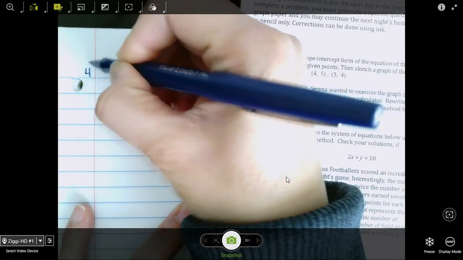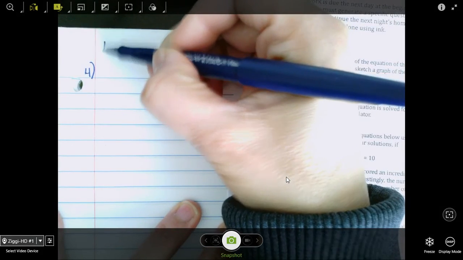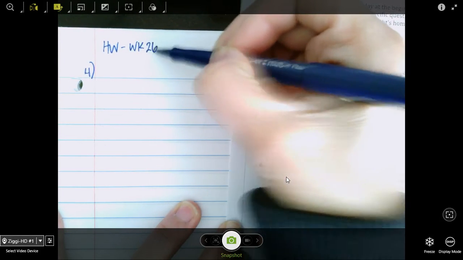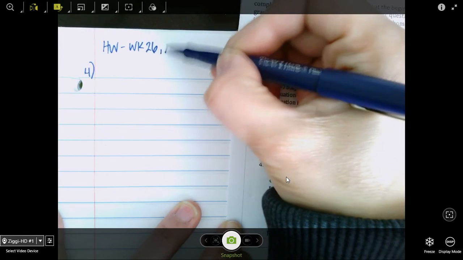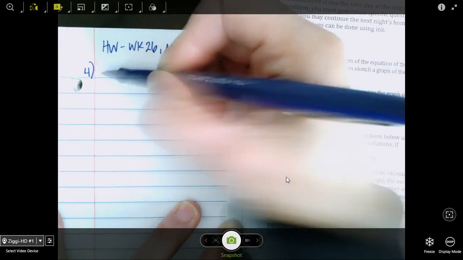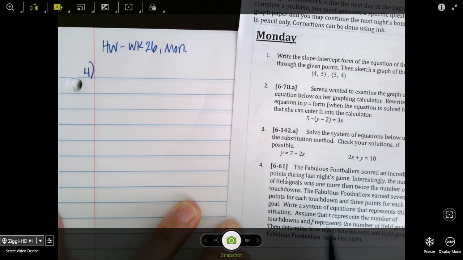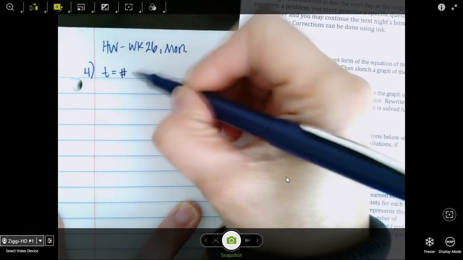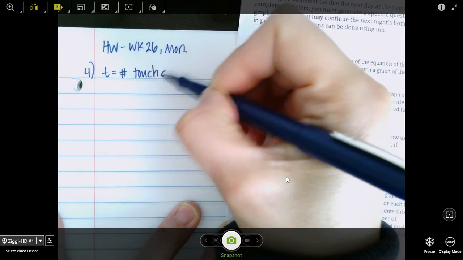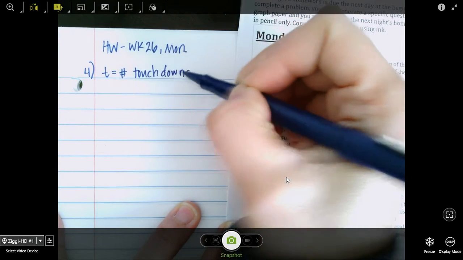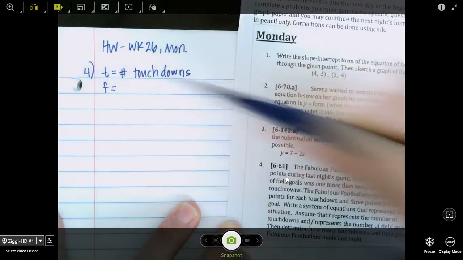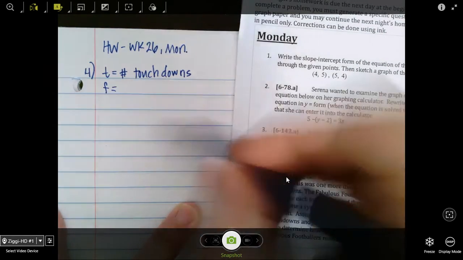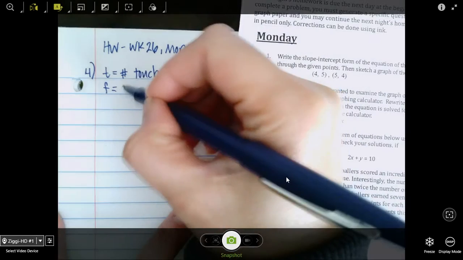This is number 4, homework week 26, Monday, number 4. I'm looking at the variables they gave us. T is the number of touchdowns. We always have to establish what each letter stands for. It helps us keep track of everything that we need to find out and what we know. F represents the number of field goals.